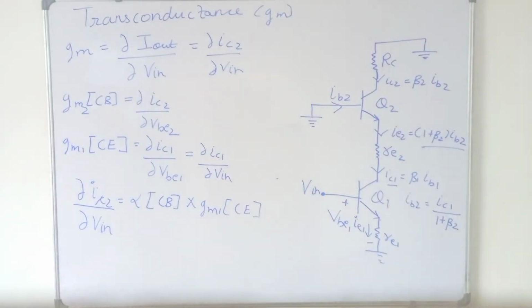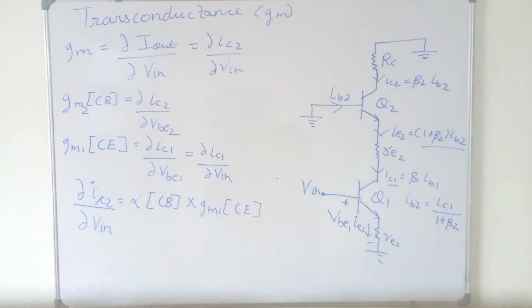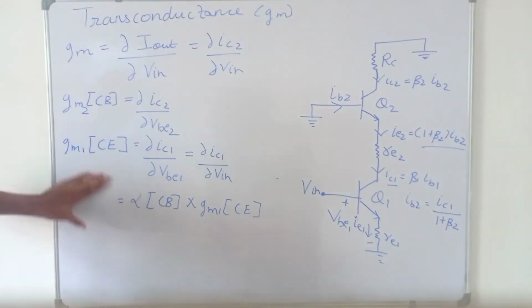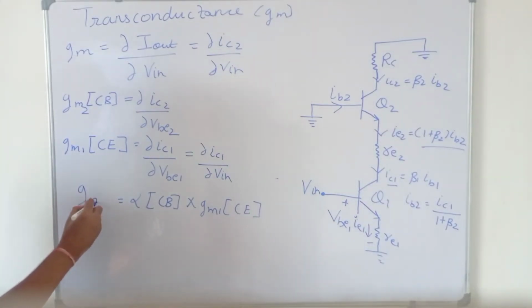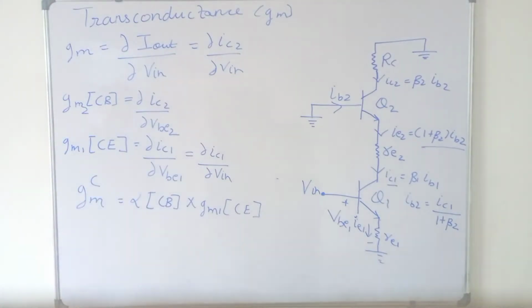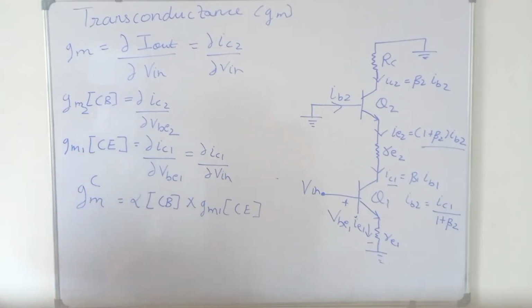Okay, so we have proved that the transconductance of a cascode amplifier is equal to current gain of common base stage multiplied by the transconductance of common emitter stage. This is nothing but transconductance of cascode amplifier, Gm. Let me write it as Gmc. Normally value of alpha is approximately equal to 1.